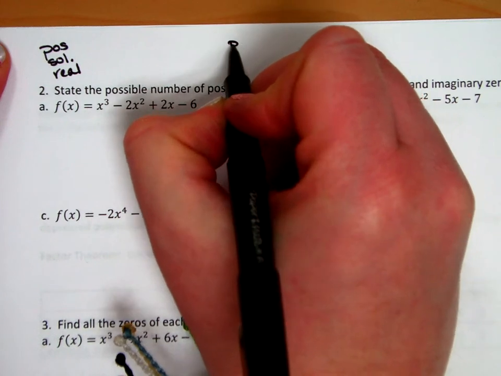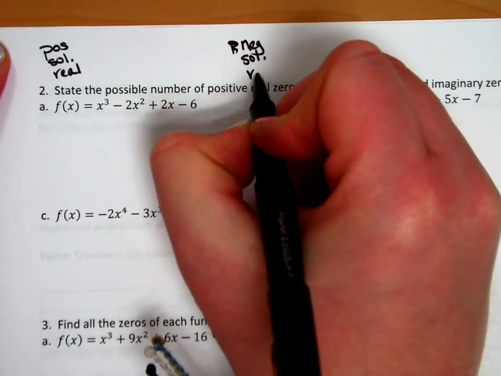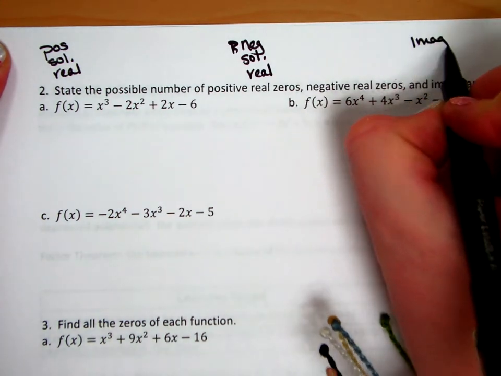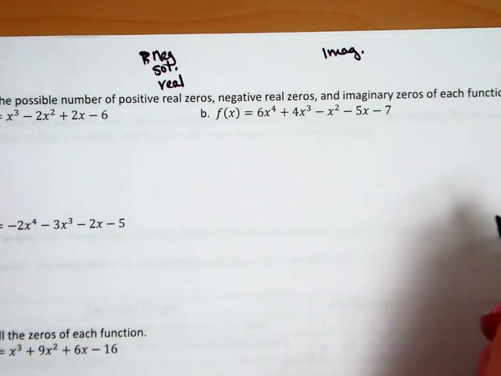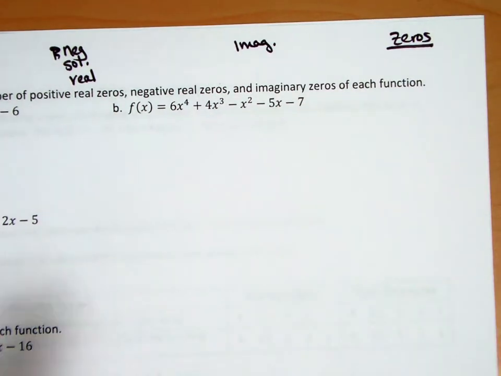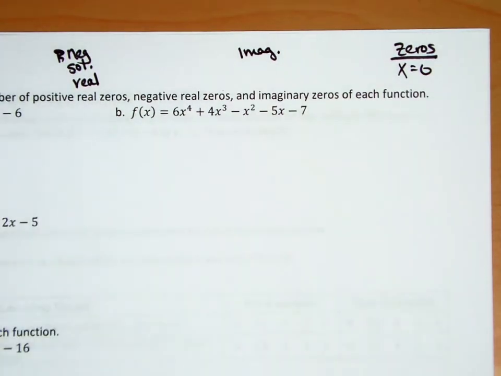Then you have negative solutions that are real, and then you would have imaginary. And then if it's not imaginary or that, then you have zeros. Because 0, like x equals 0, is a real number, but it's not a positive or a negative, and it is not imaginary. So then when you do that, that adds up to be the other values.